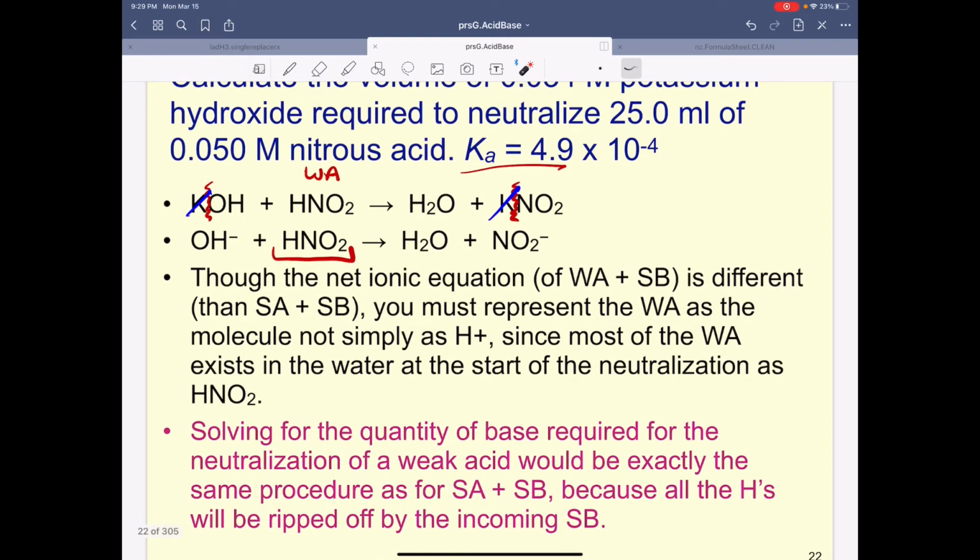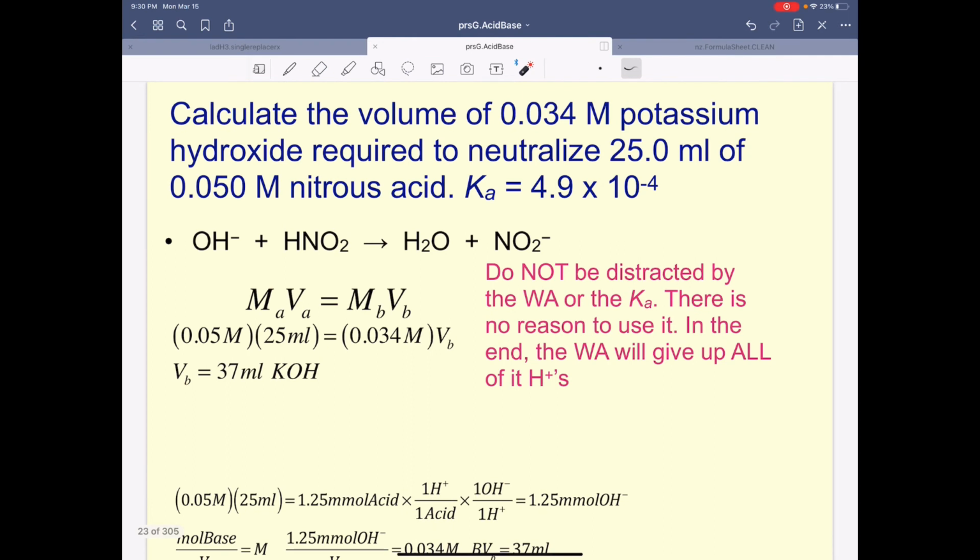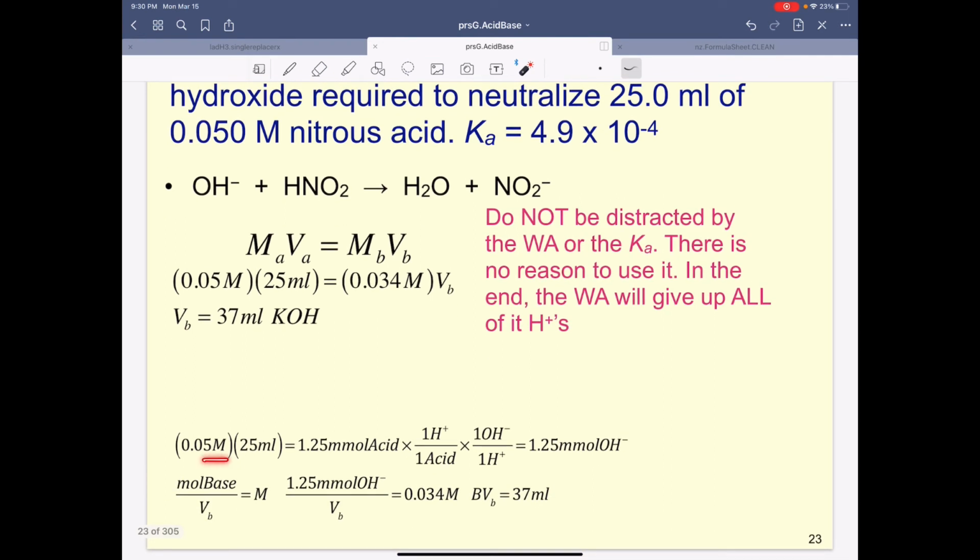The punchline here is, though, solving for the quantity of base required will be the same procedure, whether or not strong acid or strong base, because all of the H's, even though a lot of them are very much stuck, will be ripped off by the very aggressive incoming strong base. So even though these are stuck to the molecule, the strong base will grab them, produce water, leaving the nitrite ion alone. So let's look at the quantities. And we can look at the long version down below. Molarity times volume will give us moles of acid, all 1-to-1 ratios, and then plug back in.